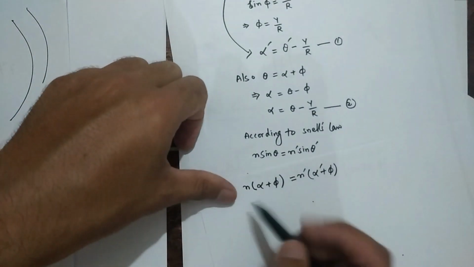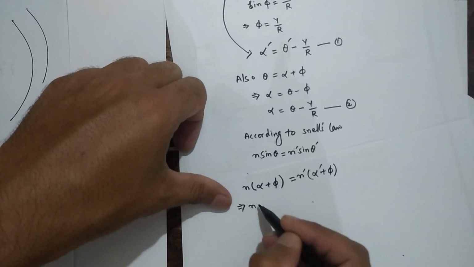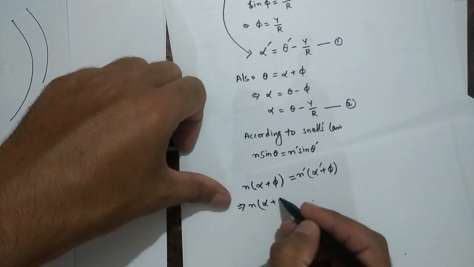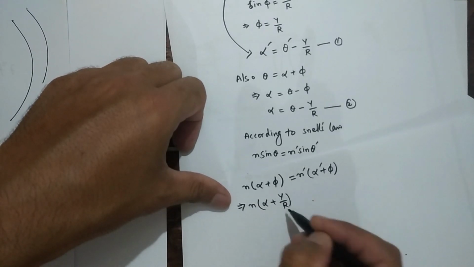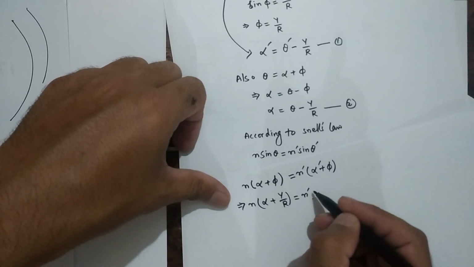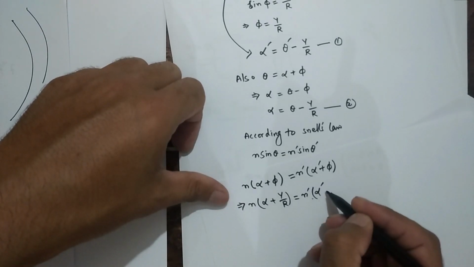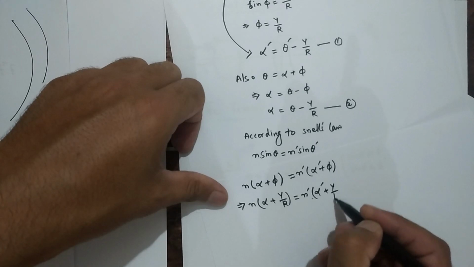So further this will be equal to n times alpha plus y upon r, which is equal to n prime times alpha prime plus y upon r.